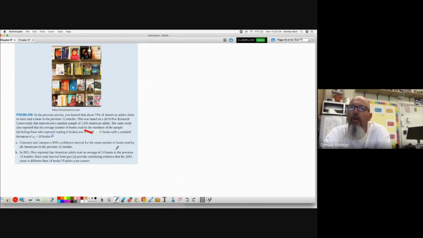The same study also reported that the average number of books read by the members of the sample, including those who reported reading 0 books, was X bar equals 12 with a standard deviation sigma of 18. So we're going to construct and interpret a 95% confidence interval for the mean number of books read by all Americans in the previous 12 months.